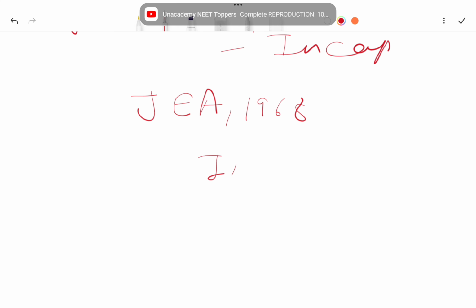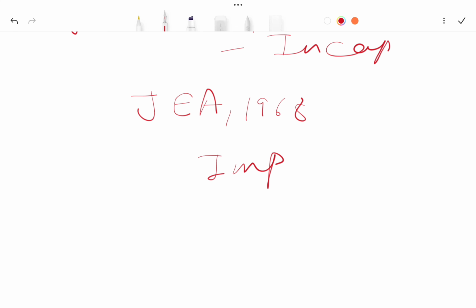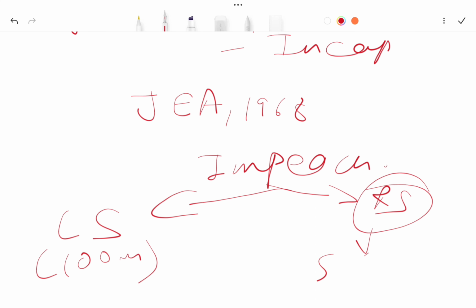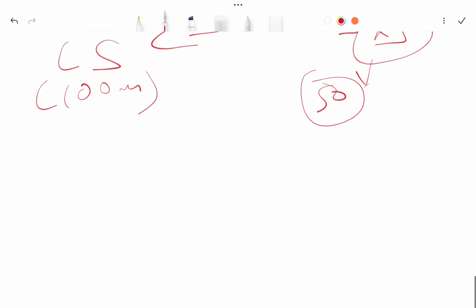This impeachment process can be initiated in any house, whether Lok Sabha or Rajya Sabha. If it is initiated in Lok Sabha, it has to be signed by 100 members, and if in Rajya Sabha, by 50 members. But it should be admitted by the presiding officers of each house.